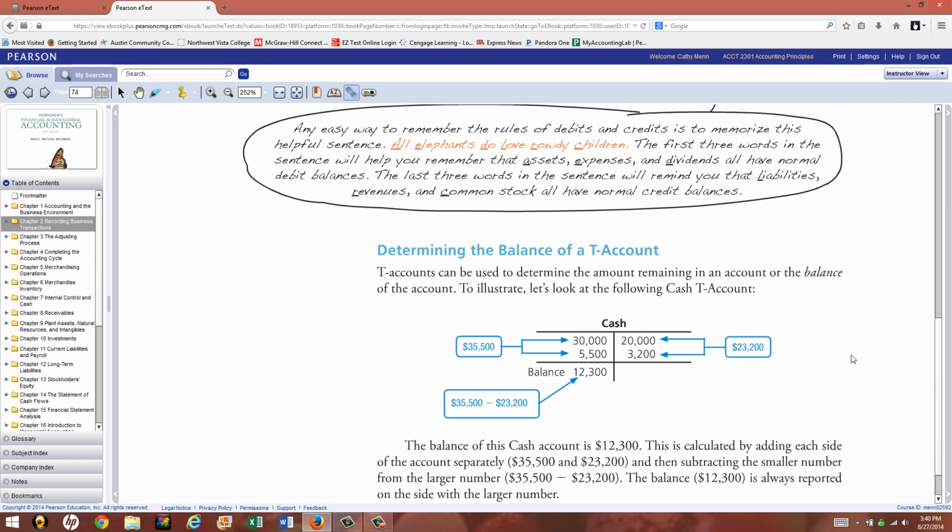You will always have one debit and at least one credit, and the debits will always be listed first. Notice as you go through the chapter and look at the different transactions and examples, the debit is always shown first.